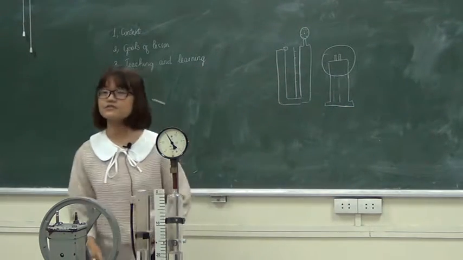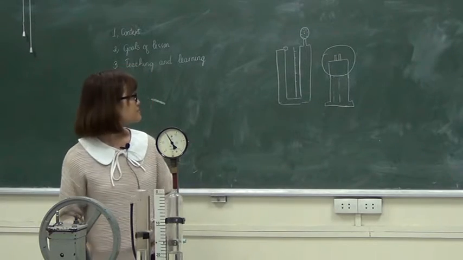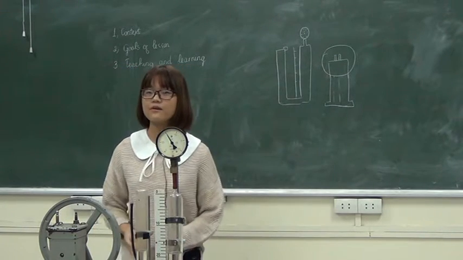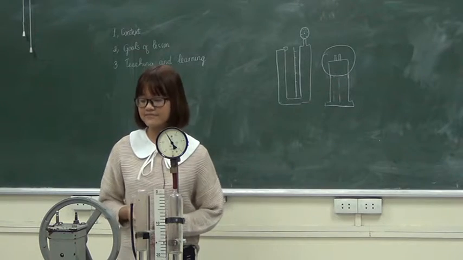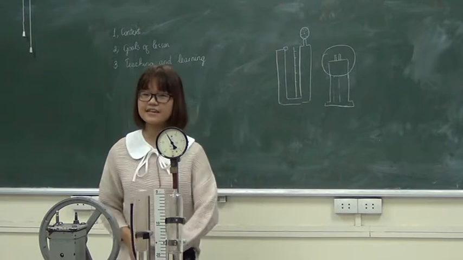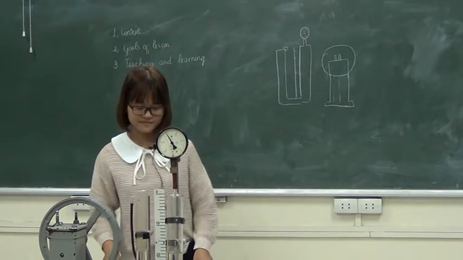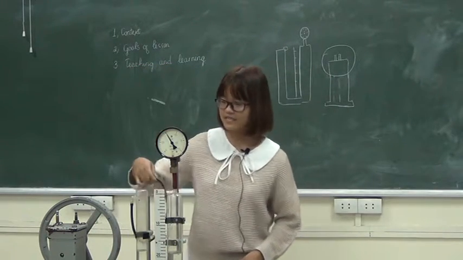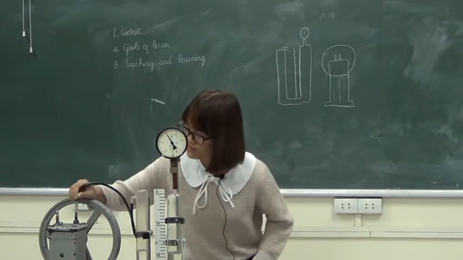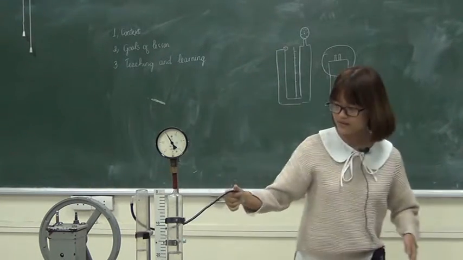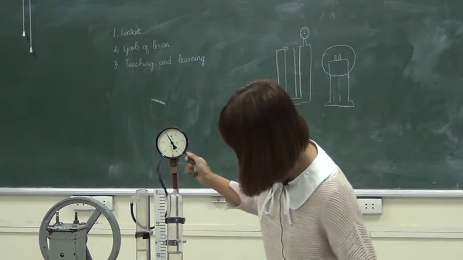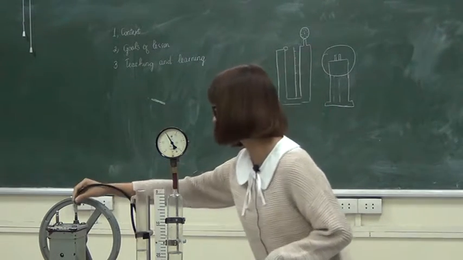Before they do the experiment, I will ask them whether there is any disadvantage in this design, and why do they think so? And after that, I will do the experiment one time. Can you see in this row the water level is the same?